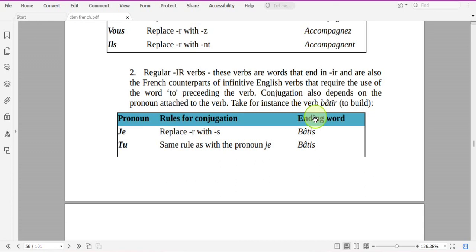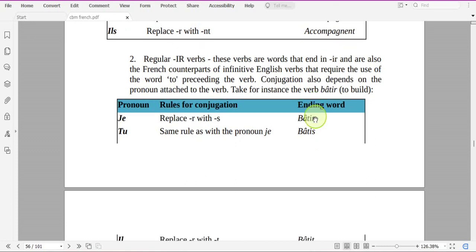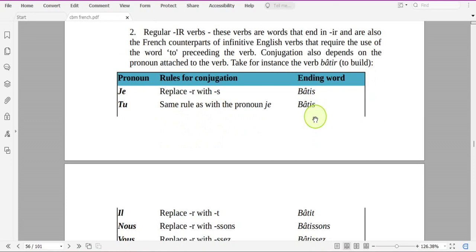Is that understood? So take a look at number 2, the IR verbs. What do we mean here?